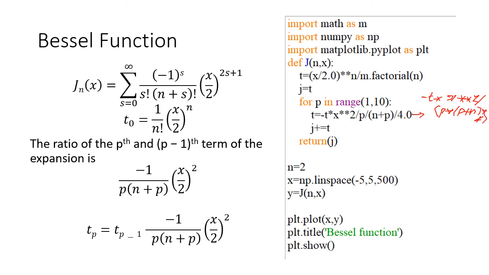So this will also do, and this is equivalent to j equals j plus t. You know that shorthand.